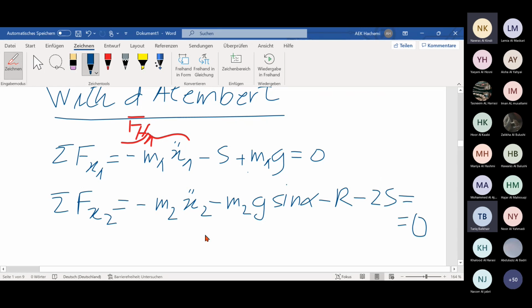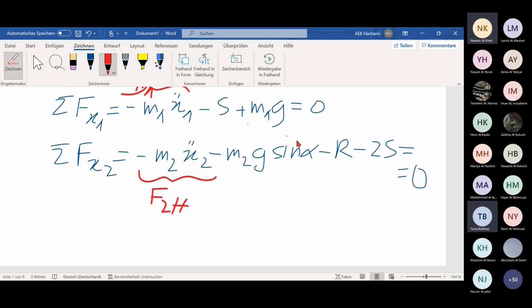Then we have this expression here. It's only F2H. This is the inertia force for the mass M2. If you look now at the equations, if you put these terms on the right hand side, you will get the same expression as for the Newton law.